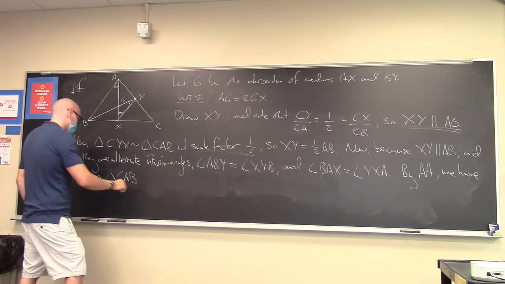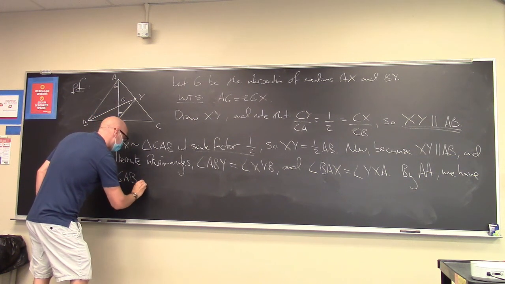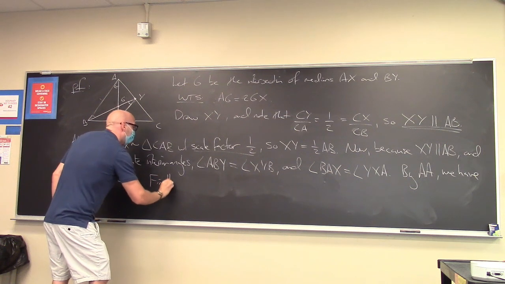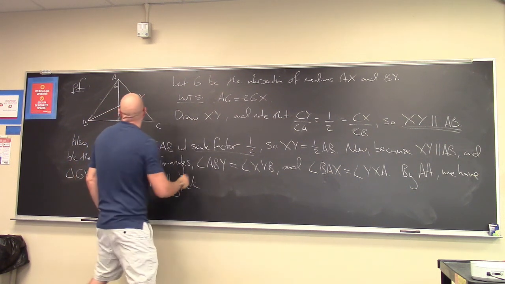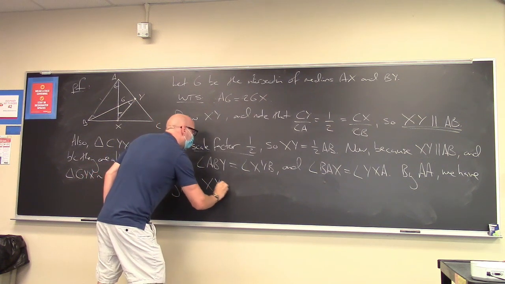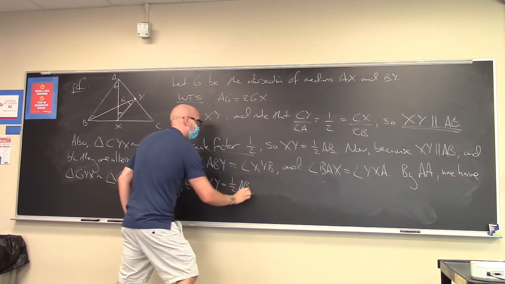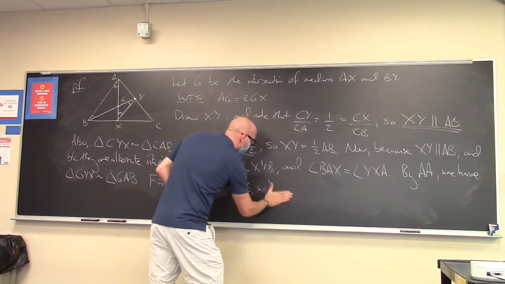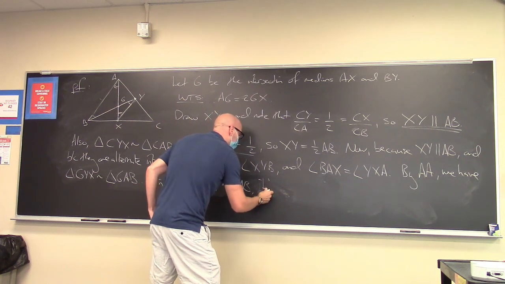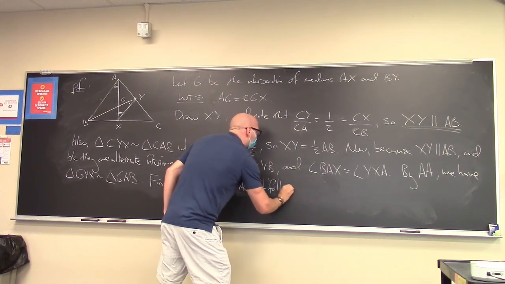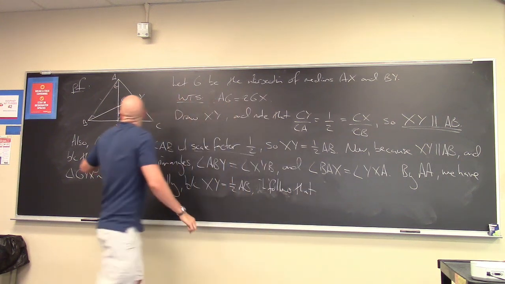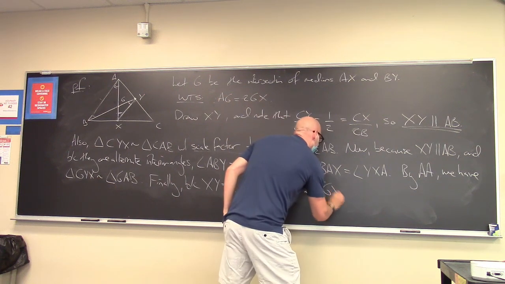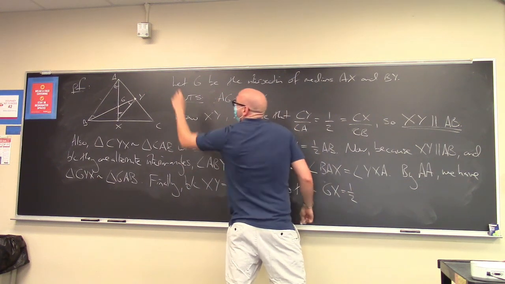So finally, because XY is 1/2 of AB, it follows that GX is 1/2 of AG.